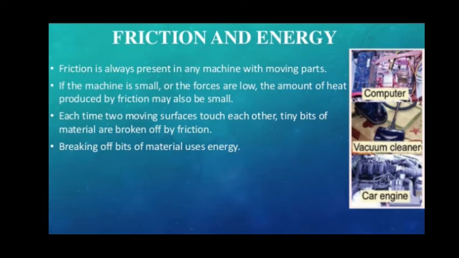Each time two moving surfaces touch each other, tiny bits of material are broken off by friction. So very tiny parts will be torn off by friction in huge machines. Breaking off bits of material uses energy. So whenever the inner friction is happening, it makes use of energy. There is a wastage of energy because of this friction.